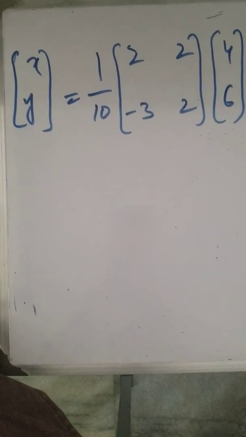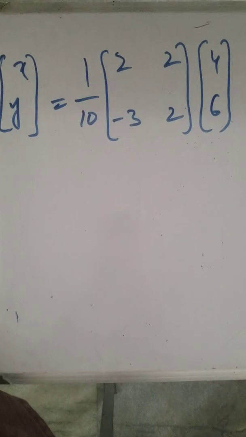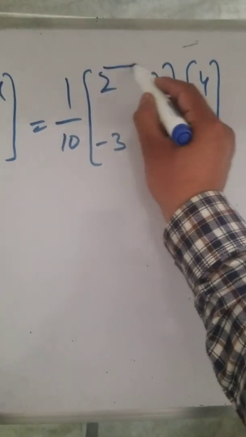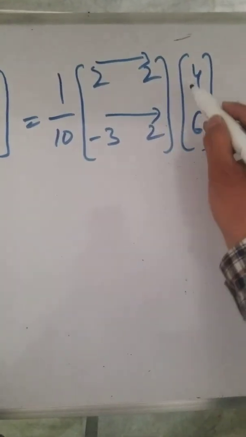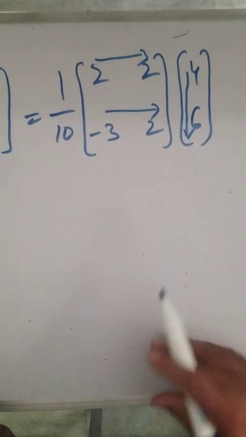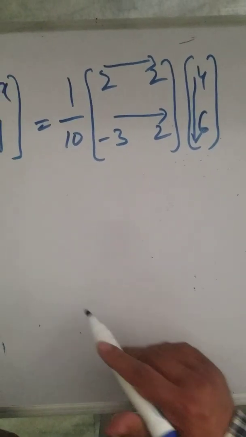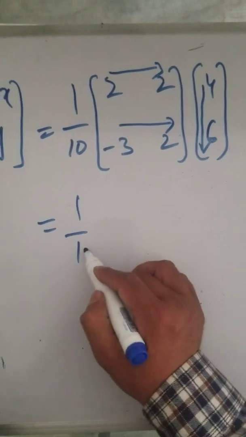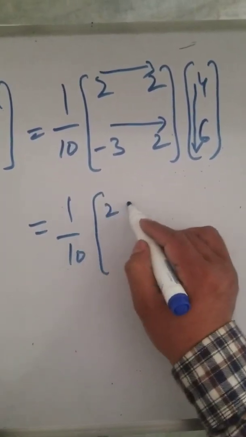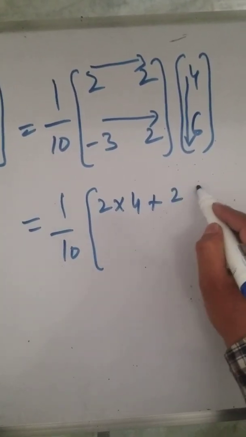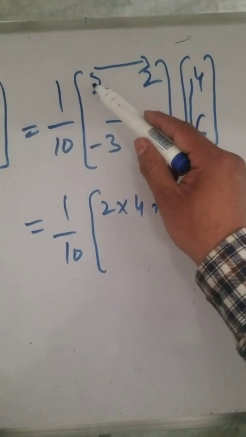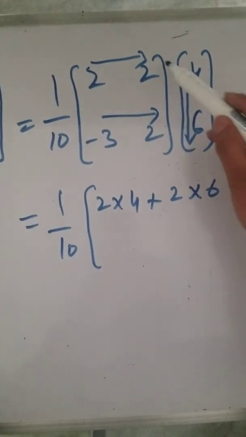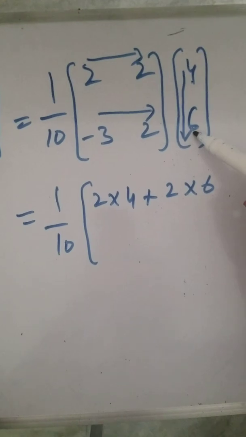Okay, now we multiply both these matrices. This is the multiplication method of both matrices. 1 over 10, 2 multiplied by 4 plus 2 multiplied by 6, because row multiplies with column, first entry with first entry.